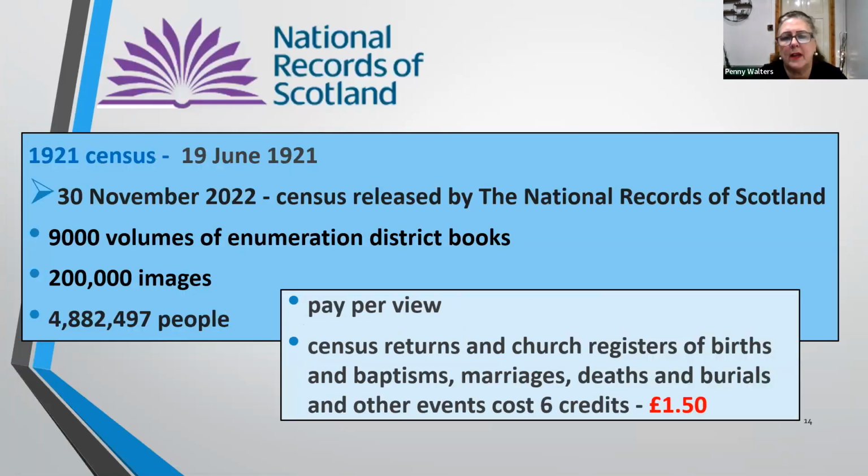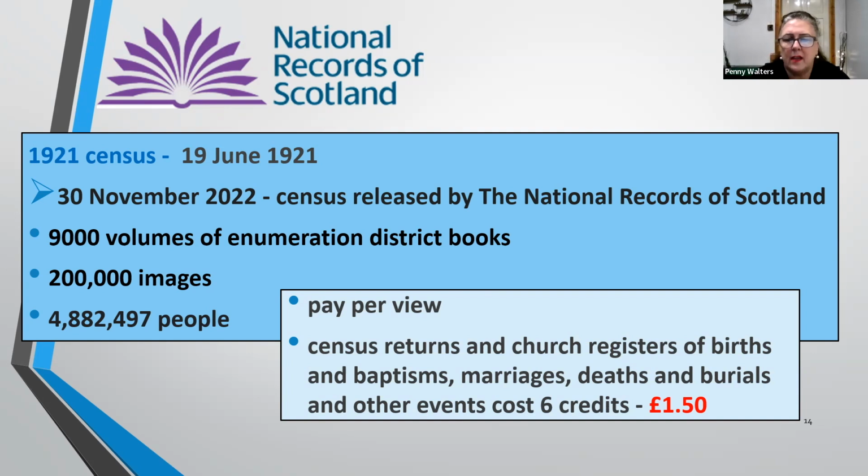The National Records of Scotland very recently, the 30th of November 22, released the 1921 census. So you can find these in the National Records of Scotland. There are 9,000 books, 200,000 images, and nearly 5 million people.